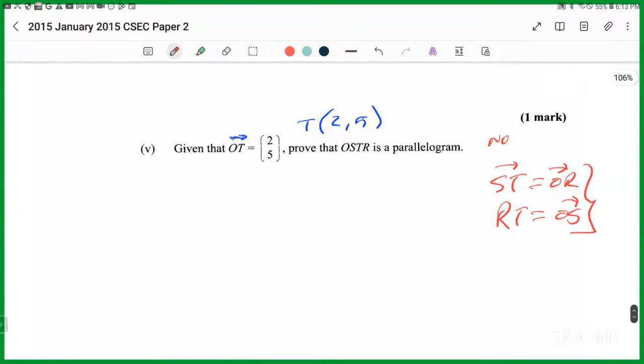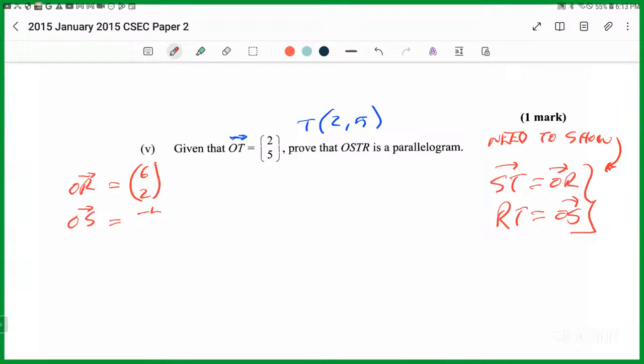Need to show this thing before I draw a parallelogram. Now we have these already, the OR and the OS. Let's write them down. So the OR, remember, was 6, 2, and the OS, negative 4, 3. We need to find ST and find RT.